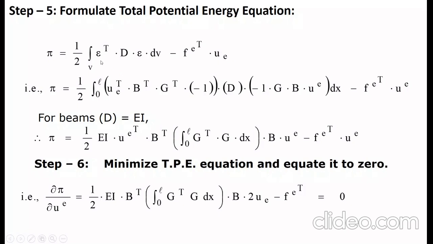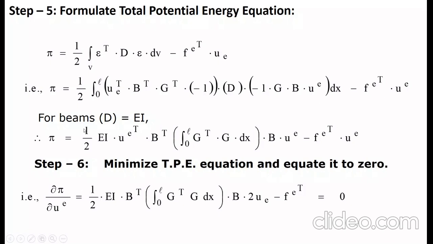Here strain will be considered as U B G. So U transverse, B transverse, G transverse, minus 1. The z will be considered as 1. So minus 1, then D. Again they are having a strain. So minus 1 G B U. And then with respect to the x direction, dx, minus force into displacement.